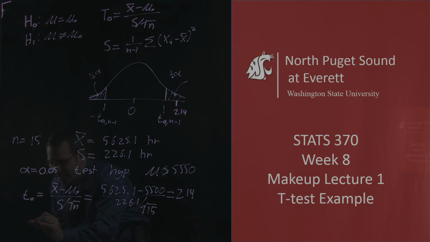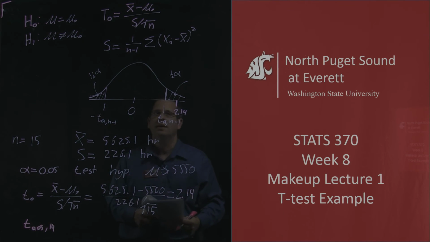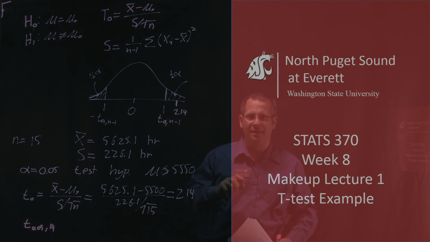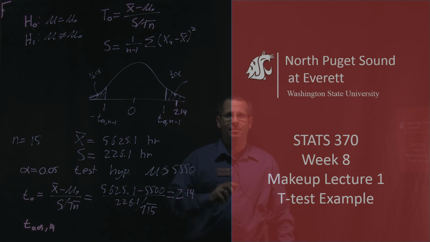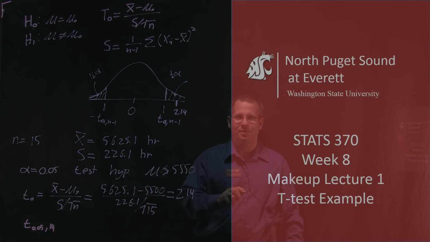So then I need to find t of 0.05 comma 14. Why the 14? Because when we look at the t-distribution, remember we're looking not at the sample size, but at the number of degrees of freedom, which is the sample size minus 1.